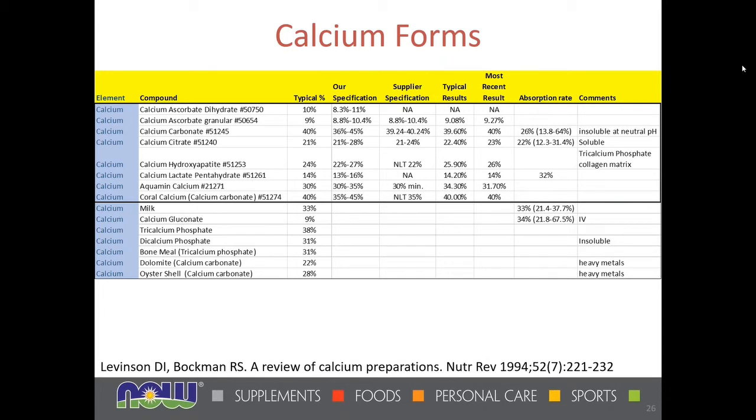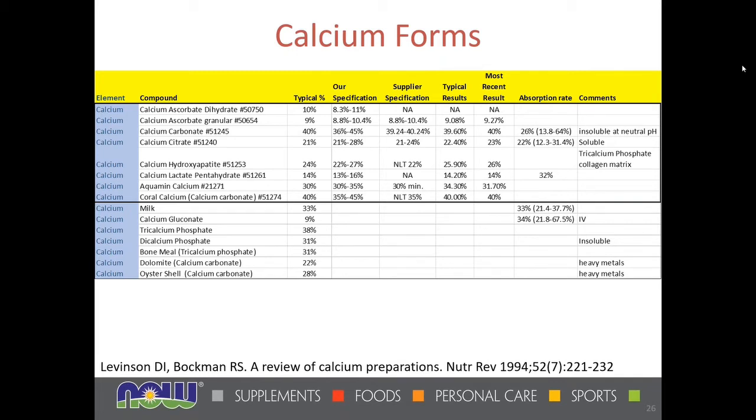And we can see that some of the other forms like bone meal, dolomite, oyster shell, are all typically in the 20 to 30% range. So you can get different amounts of calcium in a product that require different serving sizes.